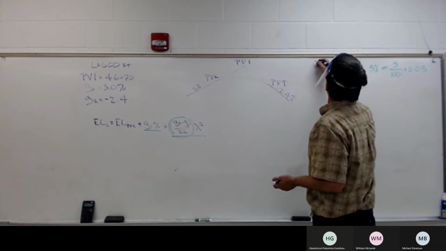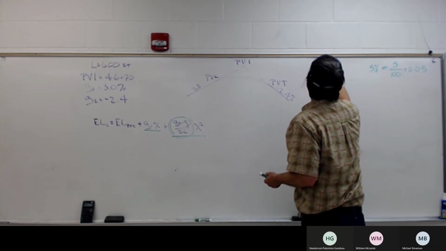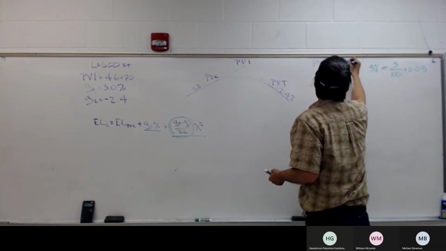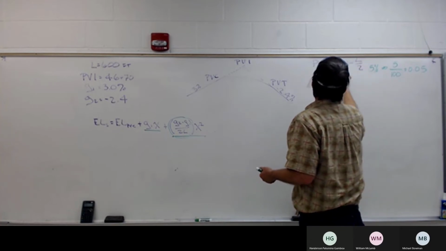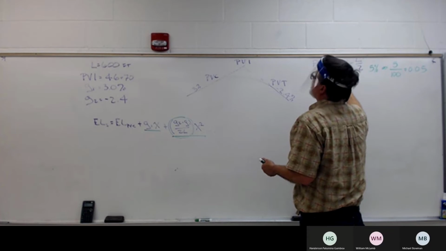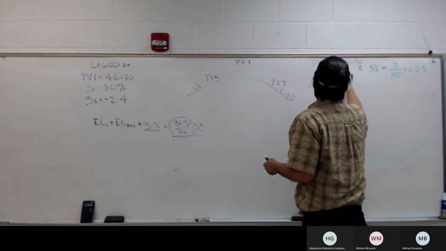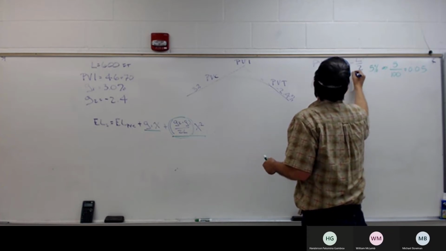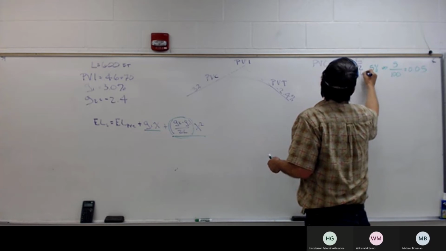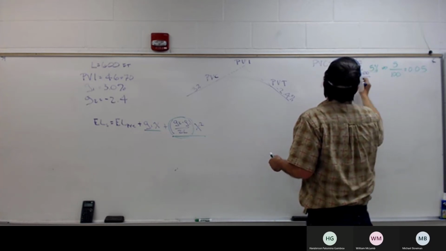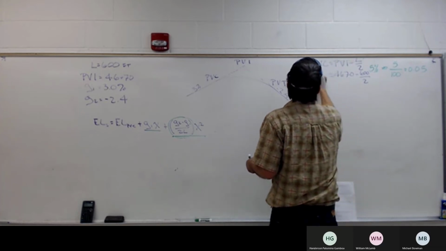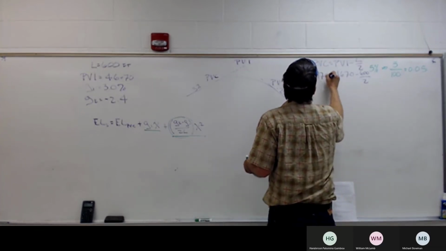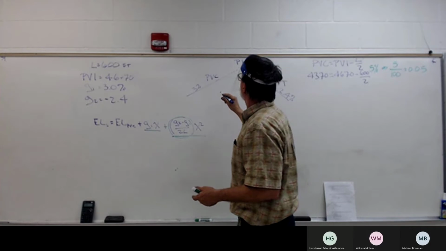PVC is equal to PVI minus L over 2, or in this case, 4670 minus 600 over 2, which is going to be 300. So 4370 will be my PVC station.